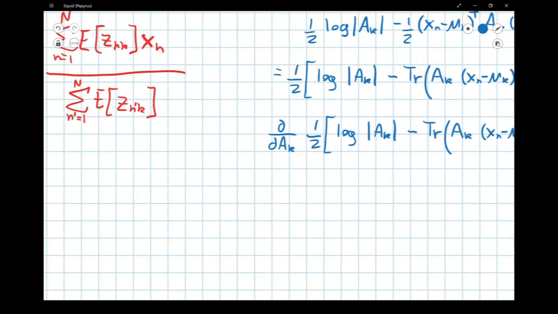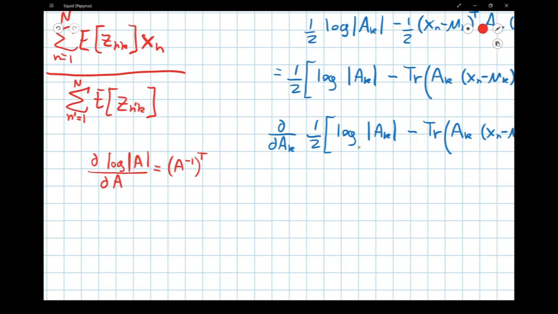So the first property we're going to rely on, which again I'm just going to state, and we won't prove it here. If you have some matrix, let's say we have the log determinant of some matrix A, we take the derivative of that with respect to matrix A, then what we get is that matrix inverted, transposed.